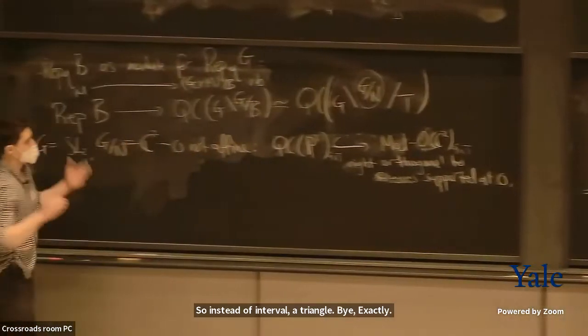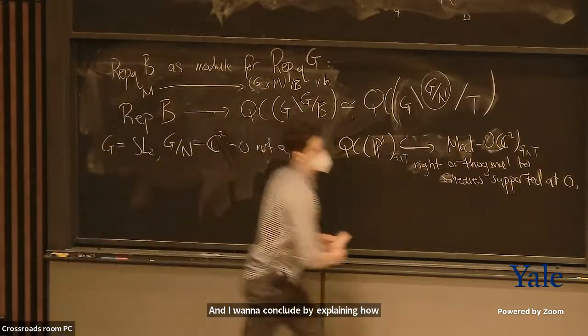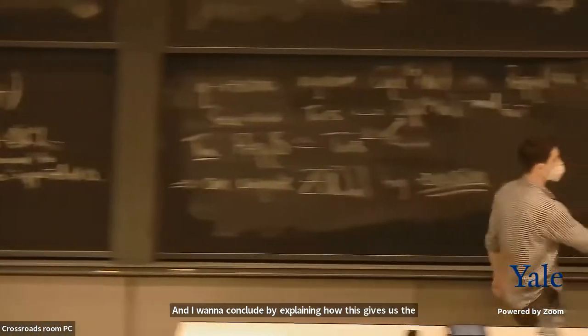And I want to conclude by explaining how this gives us the open subcategories corresponding to ideal triangulations, or at least gesturing at that.